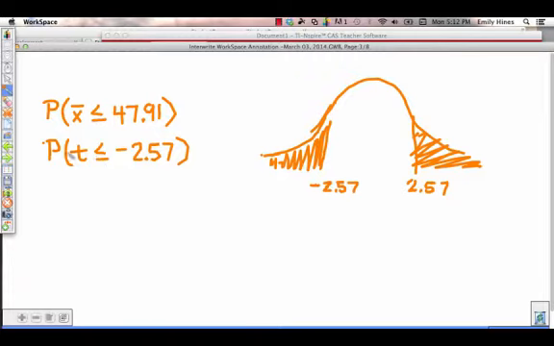So this is the same as asking this. That's an important distinction because the t-distribution table, Table B, only tells us greater than or equal to. So remember that as we look at this table. It only tells us greater than or equal to.